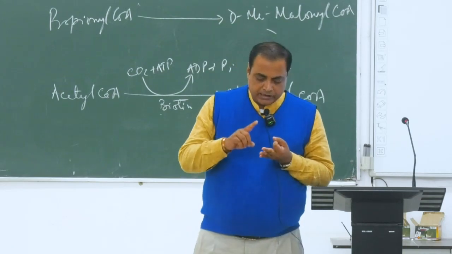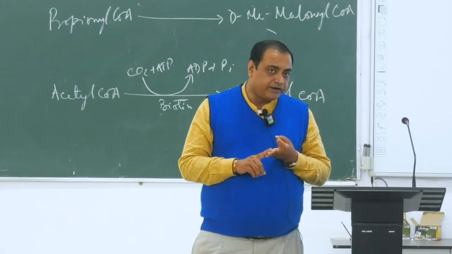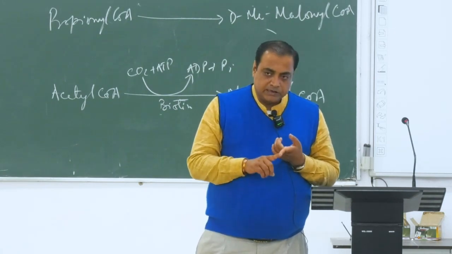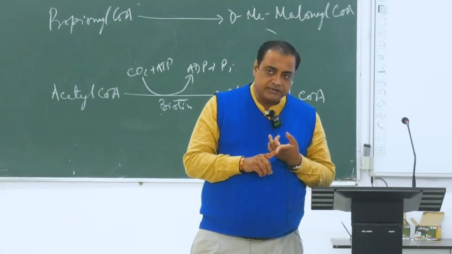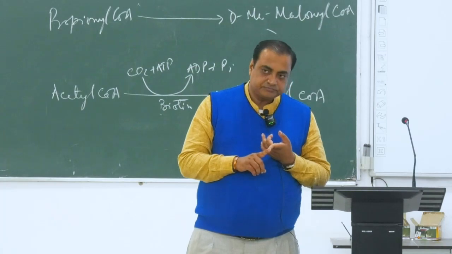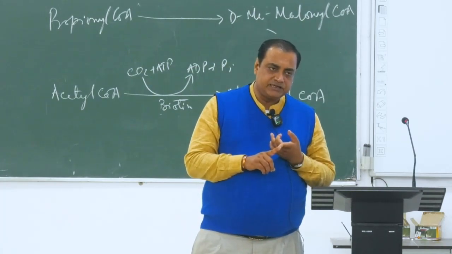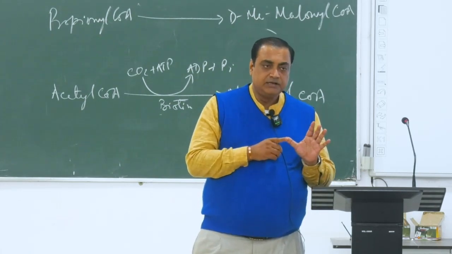Different forms of niacin. Next, 1 milligram of niacin is produced from 60 milligram of tryptophan. This line is important. 1 milligram of niacin is synthesized from 60 milligram of tryptophan. This line is important. Write it separately.